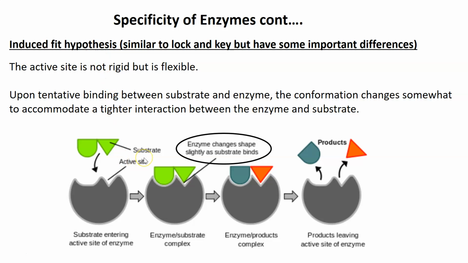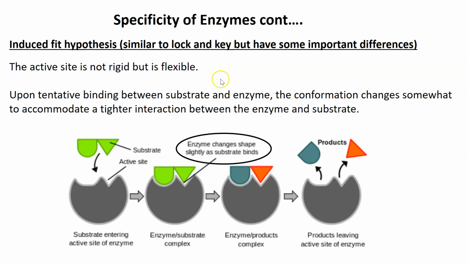What this basically means is that the substrate binds very tentatively, and upon that tentative binding, the enzyme's active site gets triggered to change its shape a little bit so that the substrate fits better. In other words, the enzyme's active site is induced to fit the substrate better.